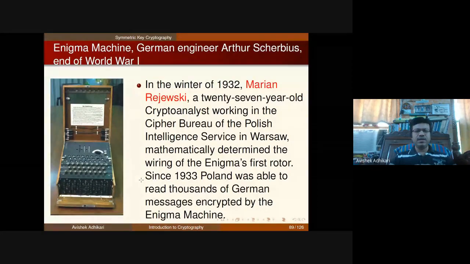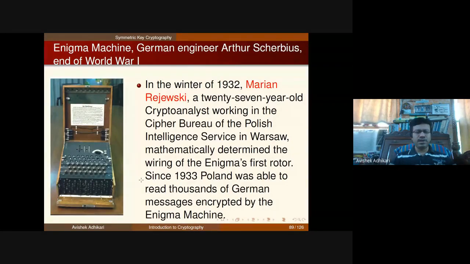Physically, the British were able to gather a few of the Enigma machines. Then they sent them to the British intelligence, and somehow this machine actually reached Rejewski.